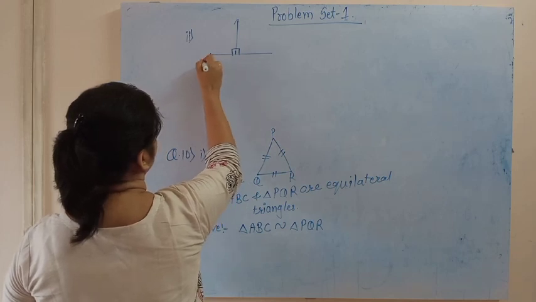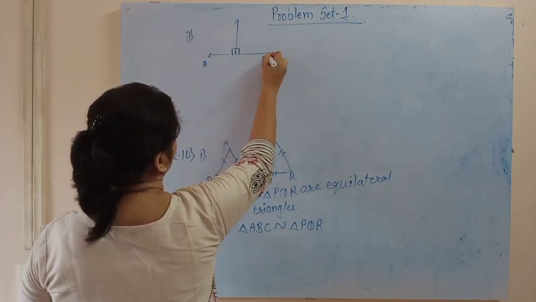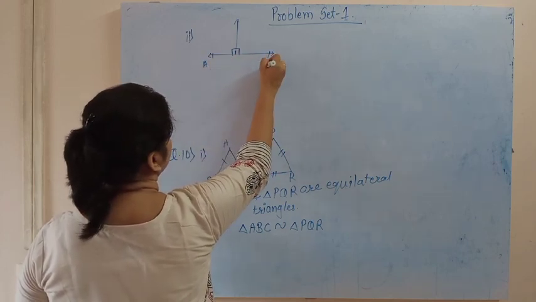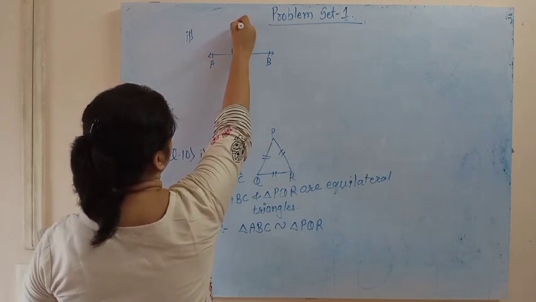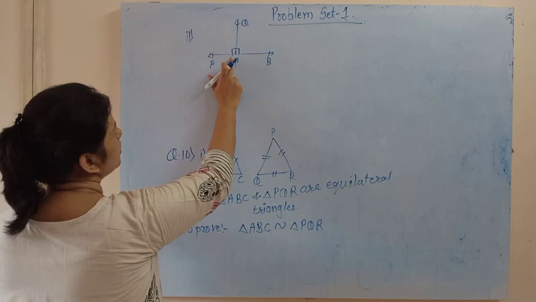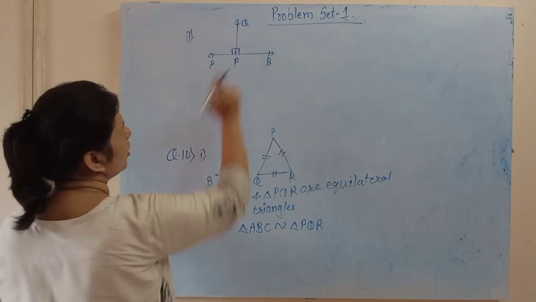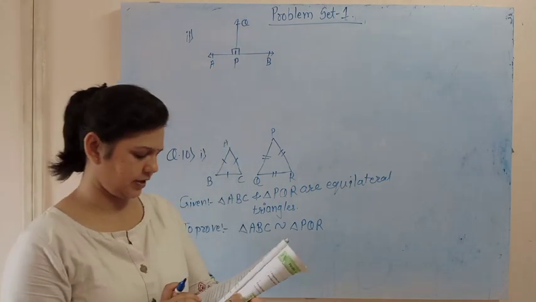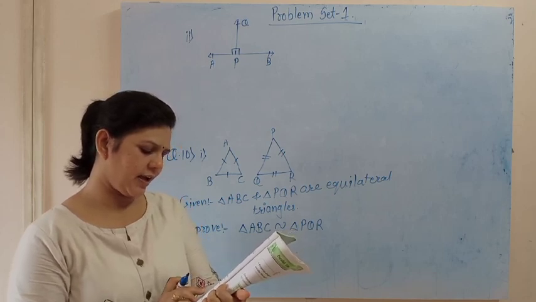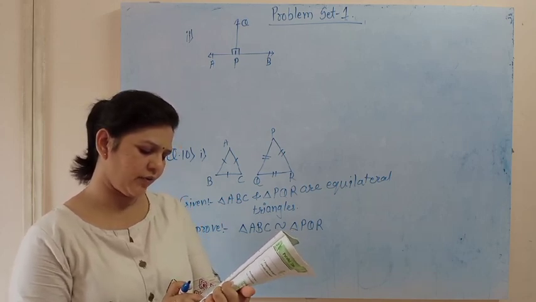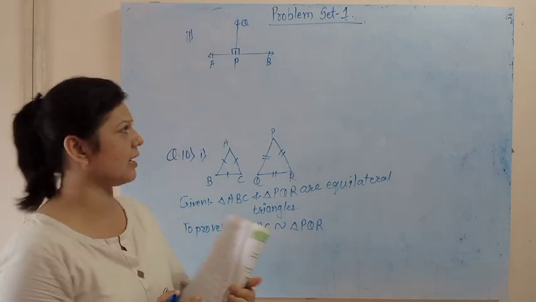Okay, so this is a line AB. Say this is point P and this is point Q. Now these two angles are congruent, each of 90 degrees. So what is given? The angles in a linear pair are congruent. Then we have to prove each is a right angle.